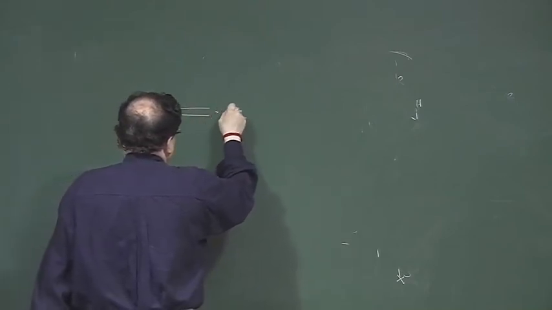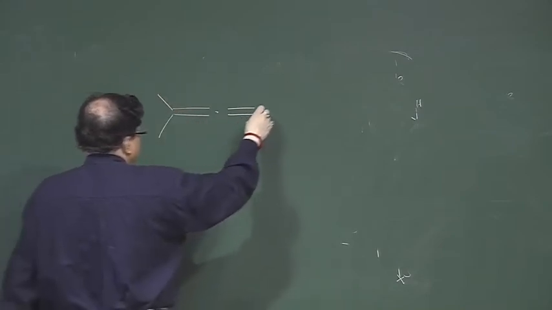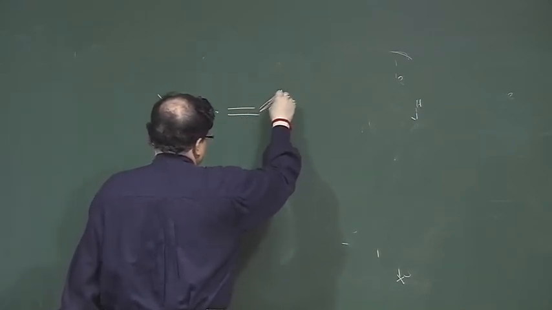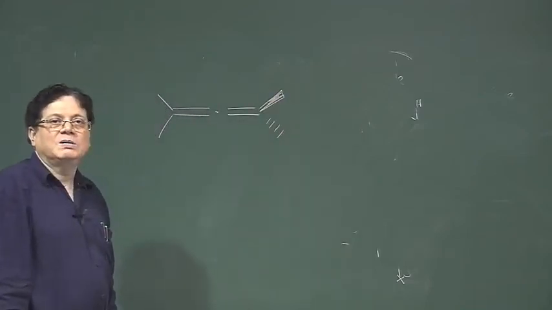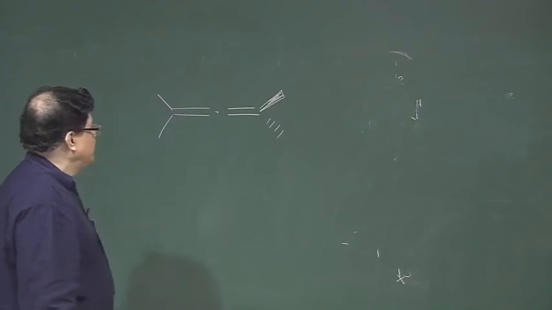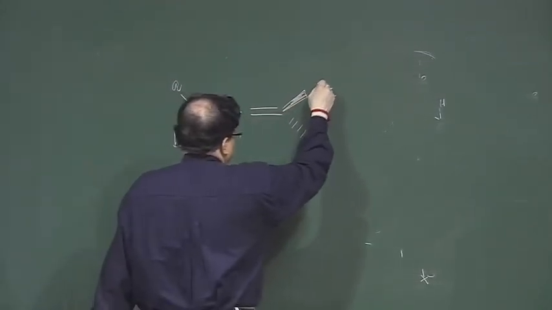One compound I gave to you was the allene system. In the allene system, we have said that these two groups occupy a plane which is orthogonal to the plane occupied by the other two.